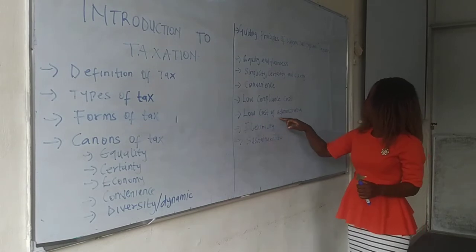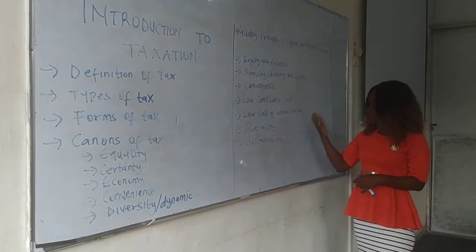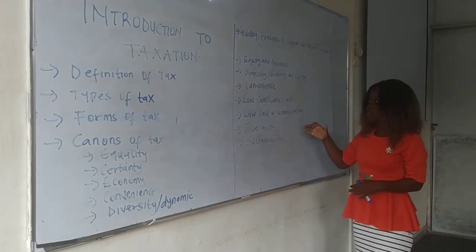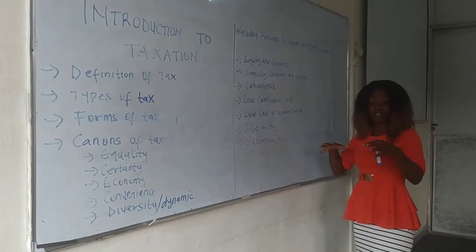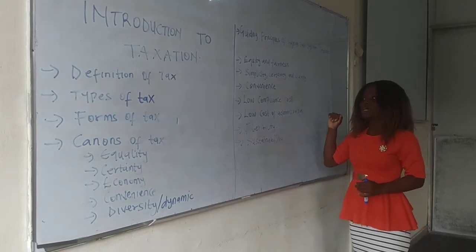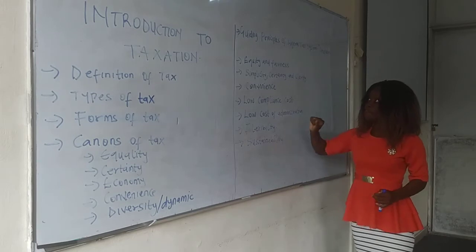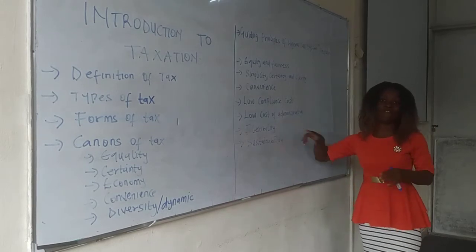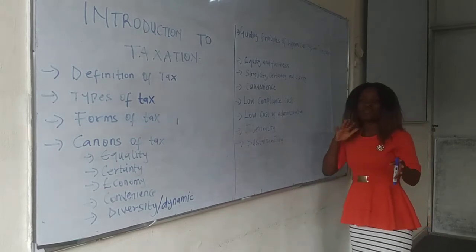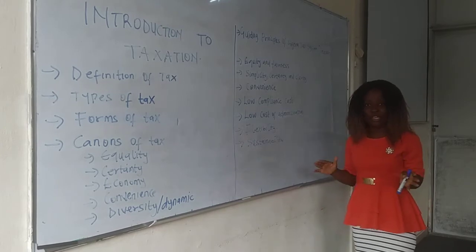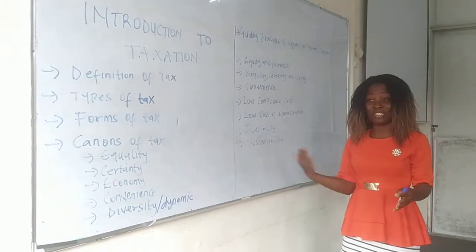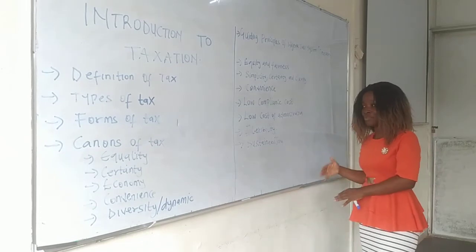Then we'll have a low cost of administration. Also, just looking like low compliance cost, because the cost of administering the tax system should be at the barest minimum. Then flexibility is that it should be flexible, no rigidity. There should be room for changes, room for adjustment based on the current economic situation of the country.